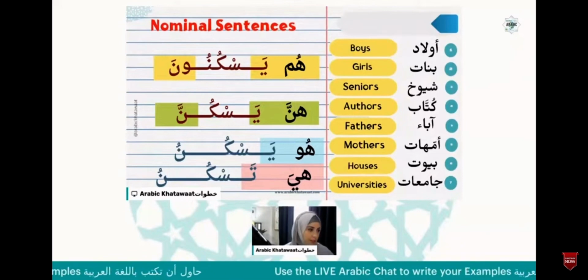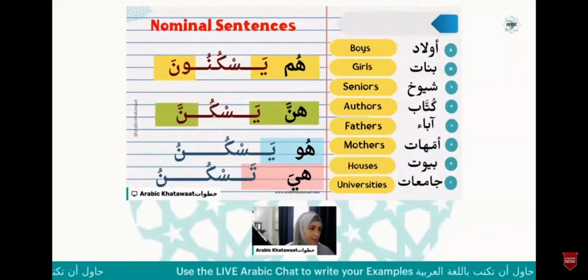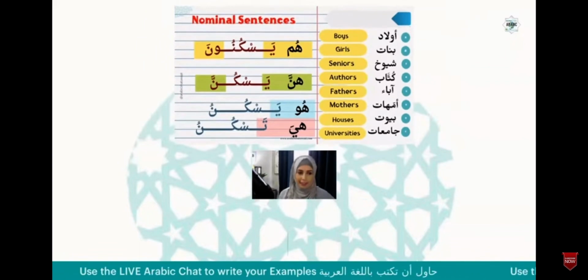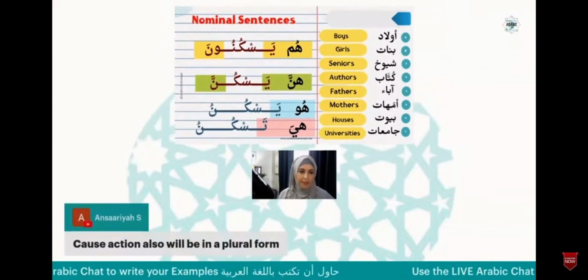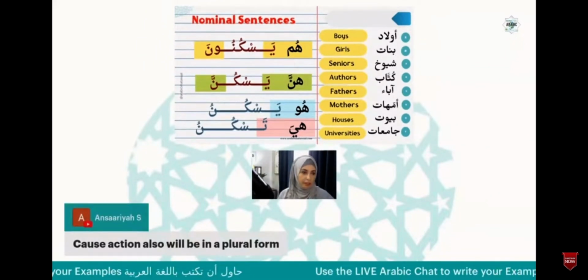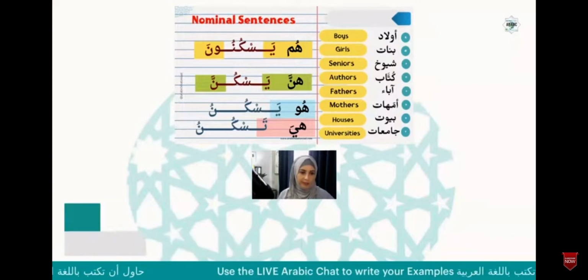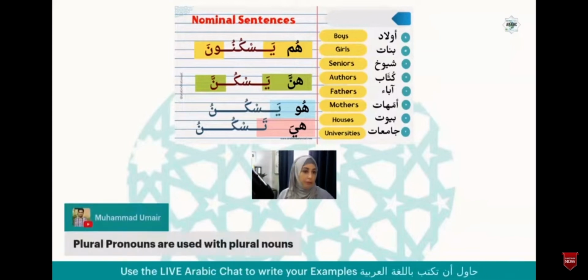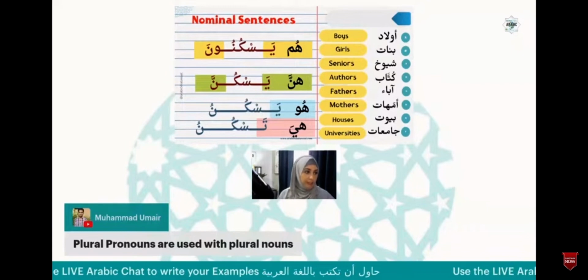Correct. Action also will be in the plural form. Plural pronouns are used with plural nouns.